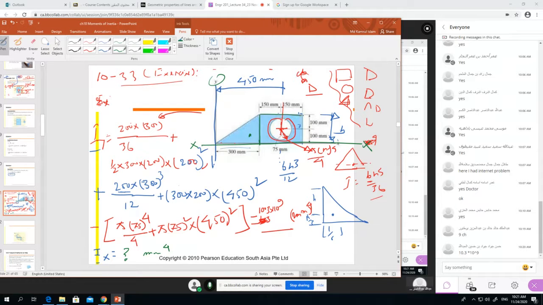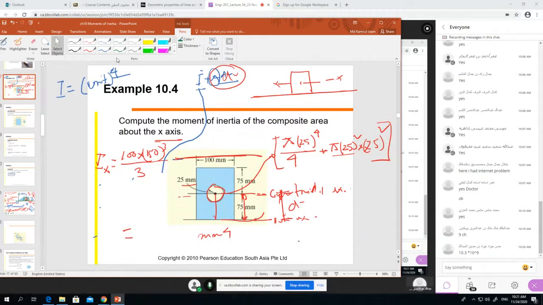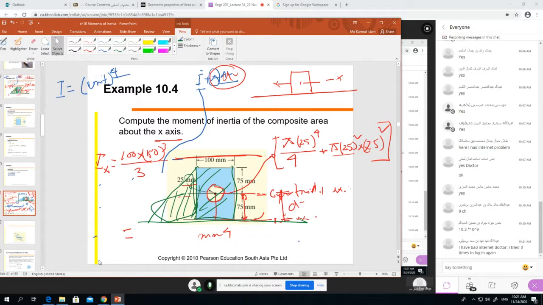For the rectangle and the circle, it is almost exactly similar to this problem. We just add the triangle here. If you understand this, you just add the triangle result, and you should get Ix.